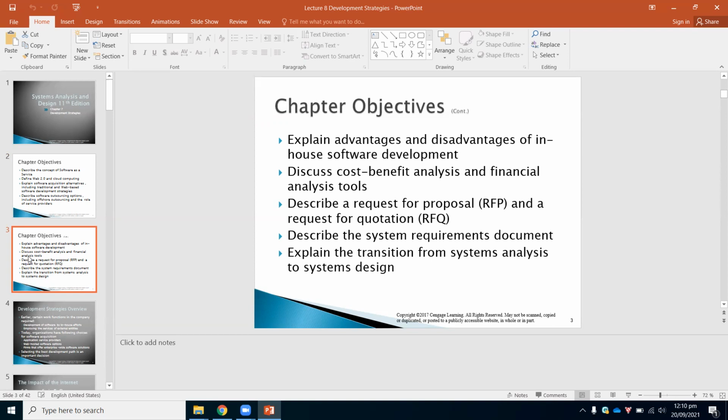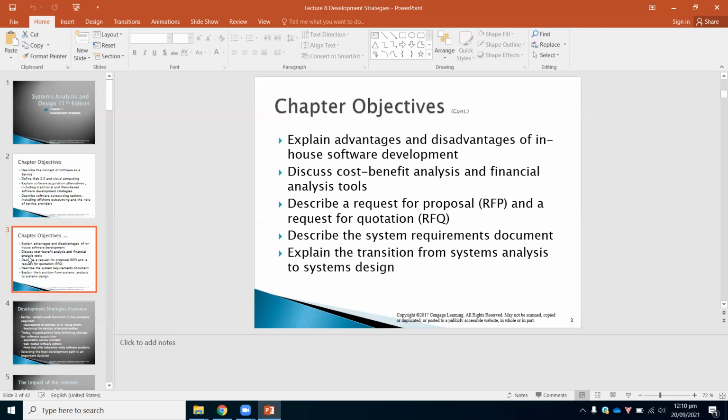In-house software development is where the organization creates the information system within the organization. They will need a set of experts, mostly programmers, system analysts, and other people who develop the software or information system within the organization.